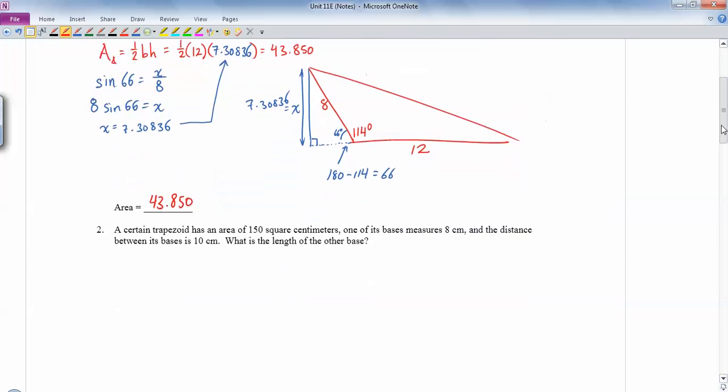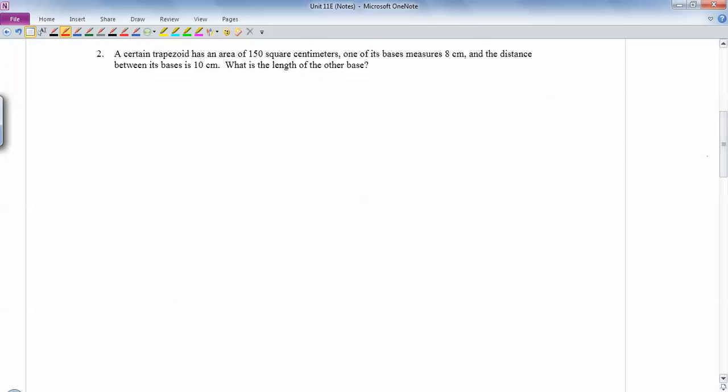Second one, we got a trapezoid, and they tell you its area. One of the bases is 8 centimeters. The distance between the bases is 10 centimeters. So I've got one base that's 8. I don't know if the other base is longer or shorter, so let's just draw it like this. So here's the second base, and we'll connect them.